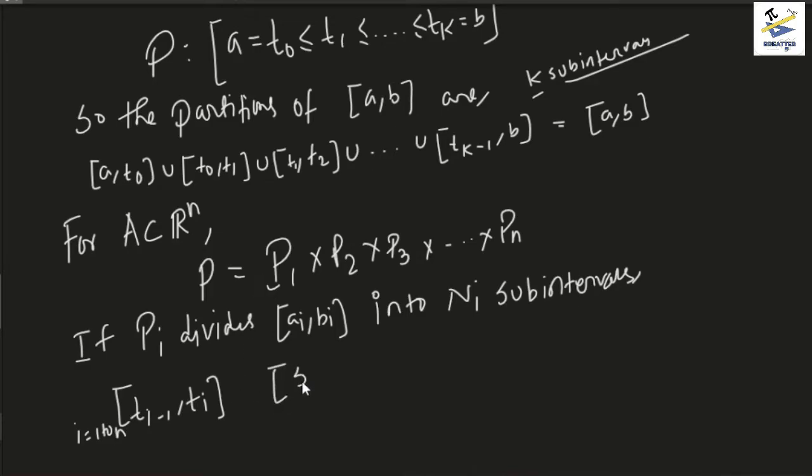Similarly, if s is another variable, we can write s_{i-1} to s_i for i equals 1 to n. This is for P2, and so on and so forth.